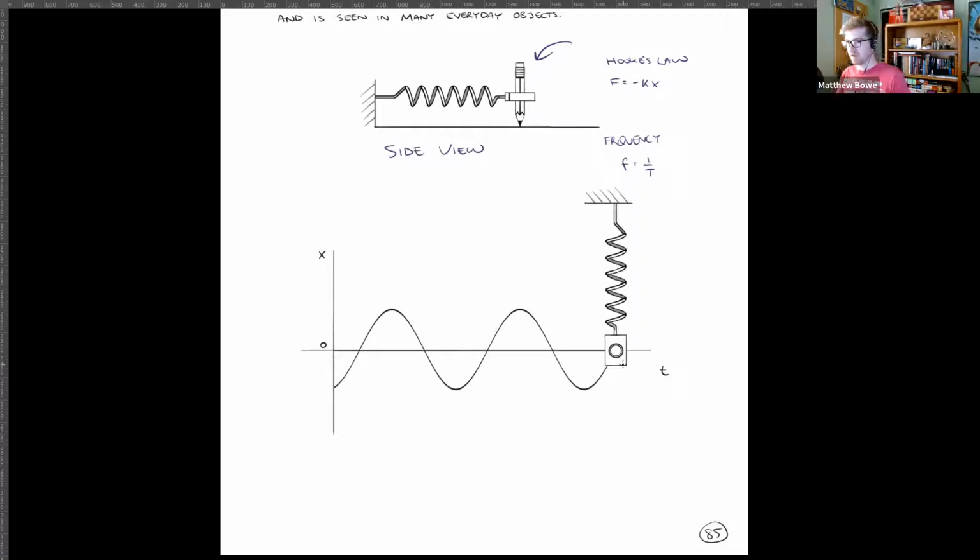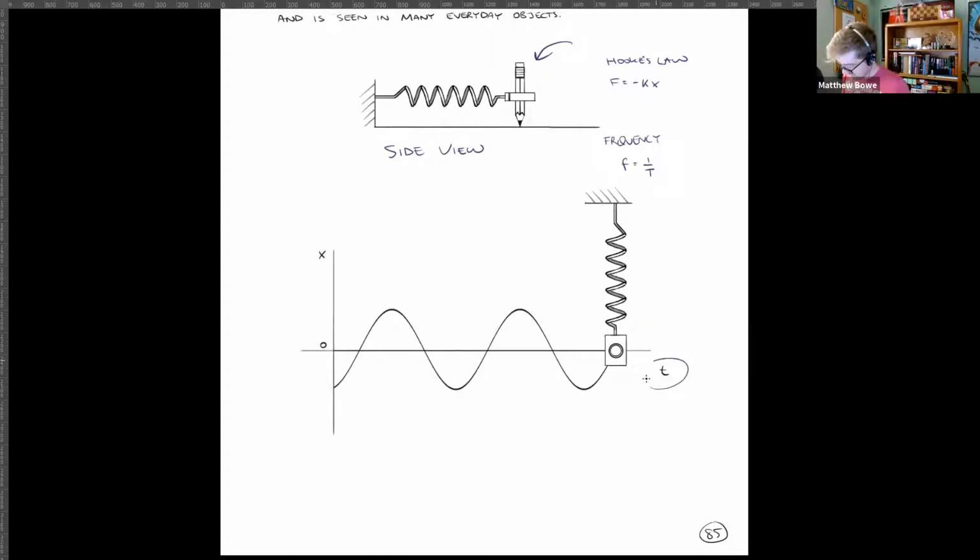Now this is an analog for the motion of this simple harmonic oscillator. It has a wave-like pattern, a wave-like representation here, and that's exactly how I can describe its position at any time.